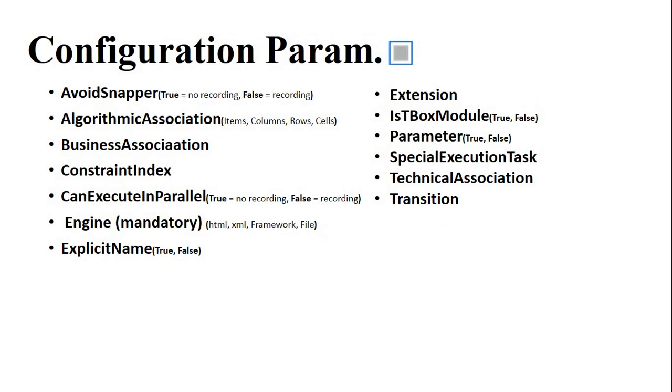This parameter defines which T-box components are used for steering the control. In the configuration parameter, this is the gray box, and you can see the multiple values that are available: avoid snapper, algorithm association, business association, constraint index, execution in parallel, engine, explicit name, other extension, and others.